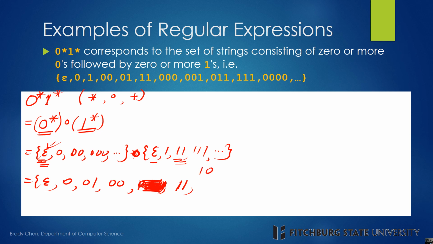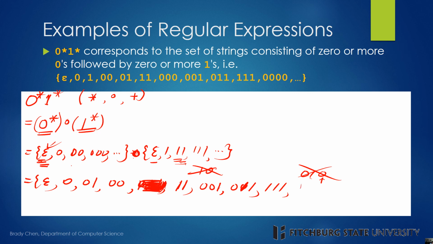Now what about 10? 10 is not in this language, because this language is a concatenation of 0 star and 1 star, so the 0s are always ahead of the 1s. So 10 is not in it. Now 001 is okay, 011 is okay, 111 is okay. Can we have something like 010? No, because that 0 comes after a 1. This is not going to happen.